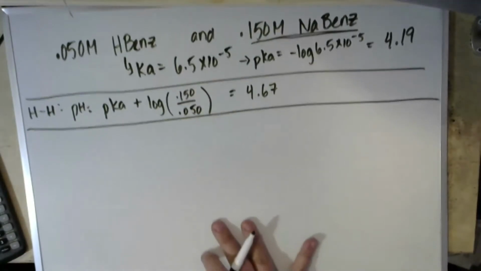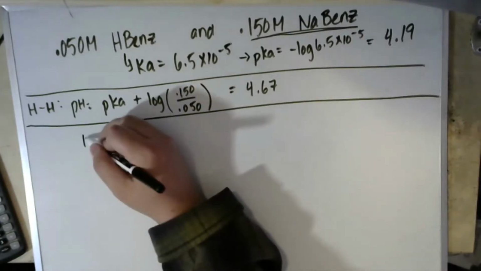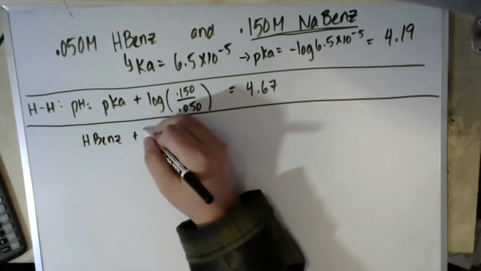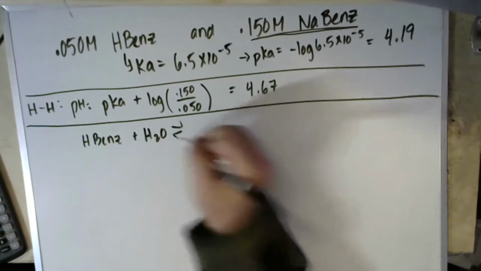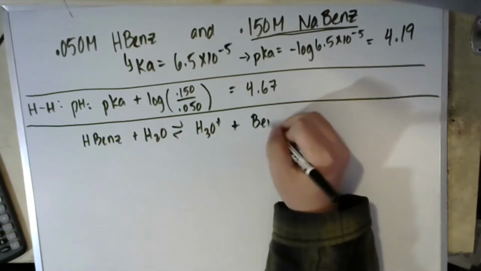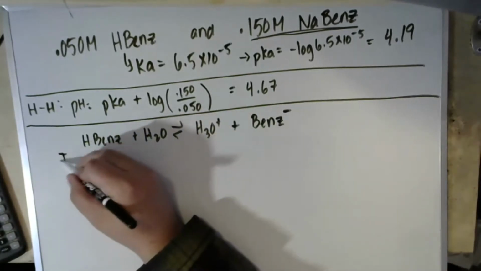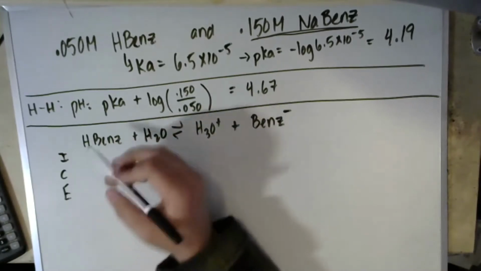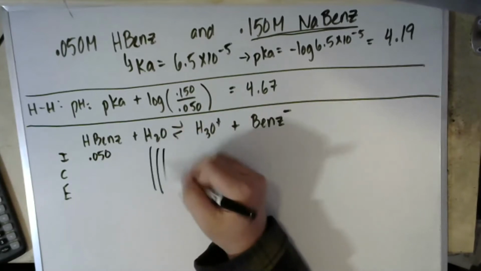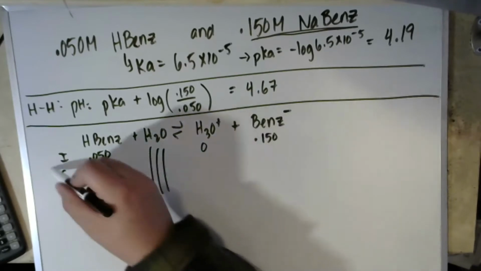Now we're going to use the equilibrium method, or the ICE table method. We'll write out our dissociation for the acid and water. We start out with 0.050 and 0.150.